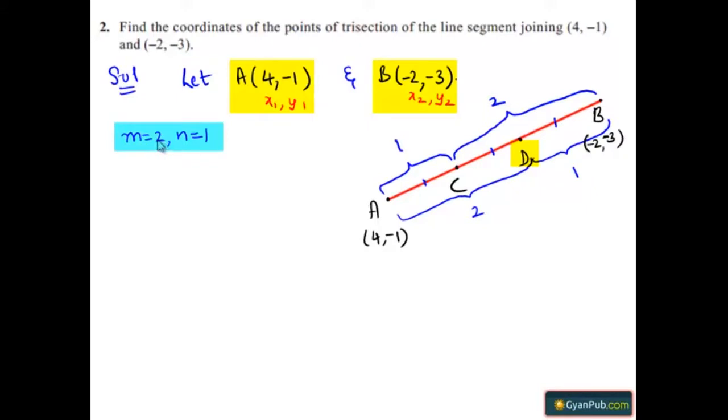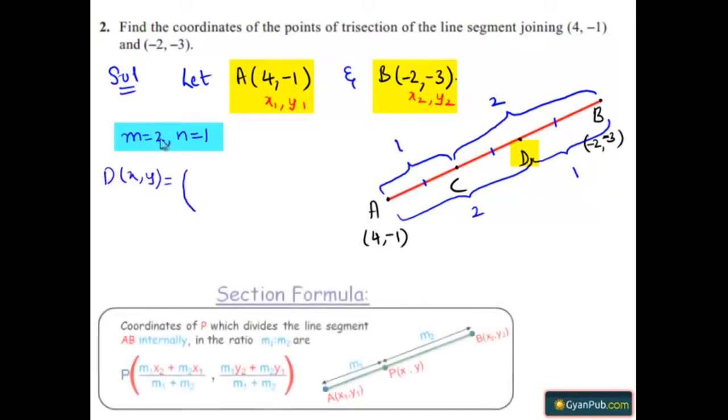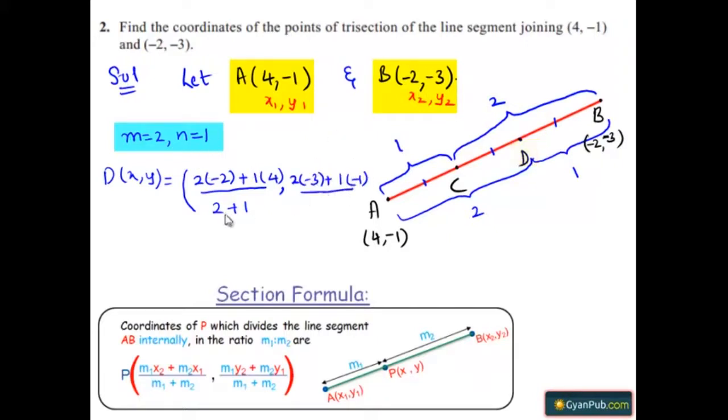Substituting m, n, x1, y1 and x2, y2 in the section formula, we get the coordinates of D as D(x, y) equals (mx2 + nx1), that is 2 times -2 plus 1 times 4, whole divided by 2 plus 1, comma, (my2 + ny1), that is 2 times -3 plus 1 times -1, whole divided by 2 plus 1.